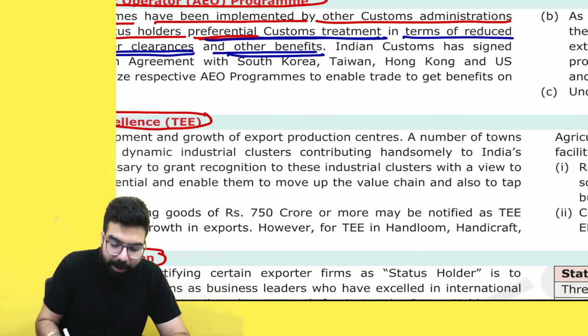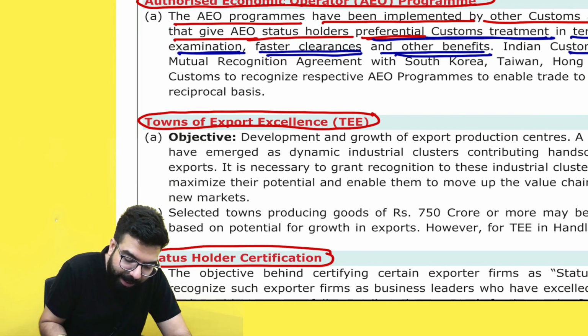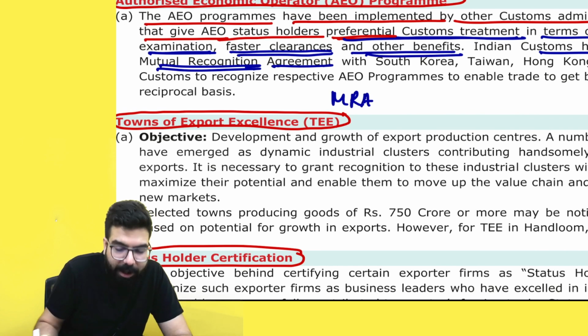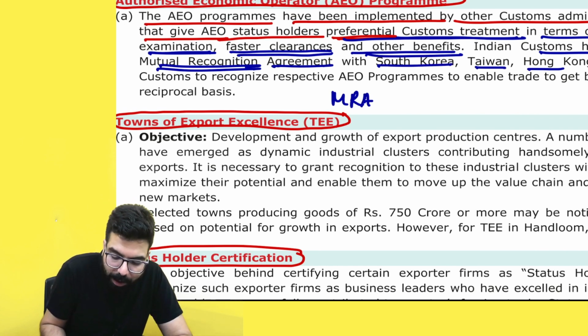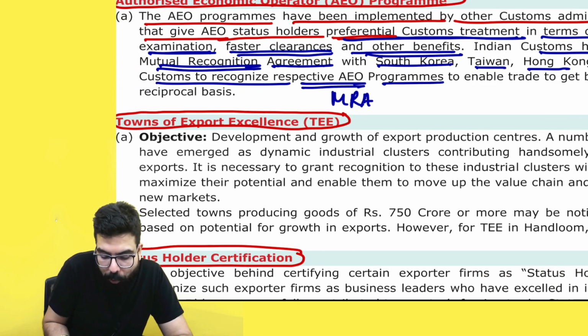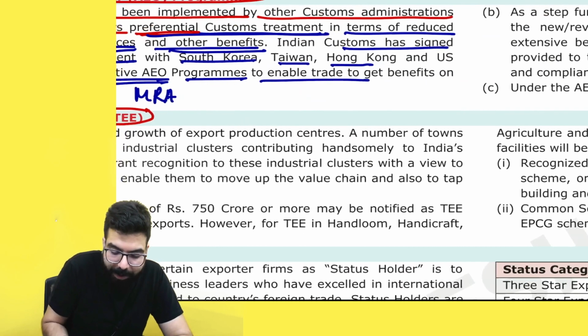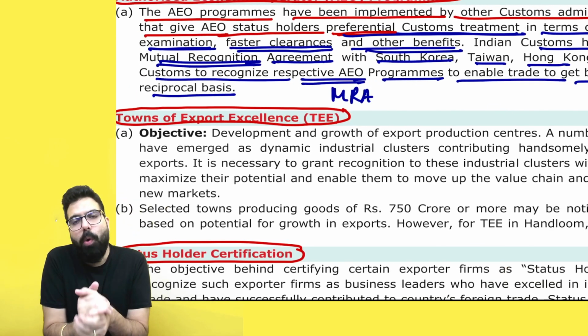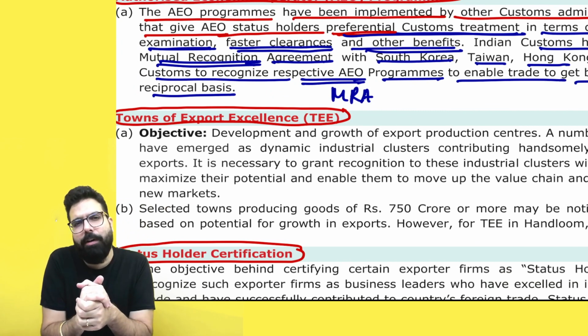Okay, sir. Now they have gone ahead and told that Indian customs have signed a mutual recognition arrangement, MRA. It is known as the mutual recognition agreement with South Korea, Taiwan, Hong Kong and the US to recognize respective AEO programs to enable trade to get benefit on a reciprocal basis. Basically, our people who are enrolled under the Authorized Economic Operator program are the trusted partners of Indian customs.